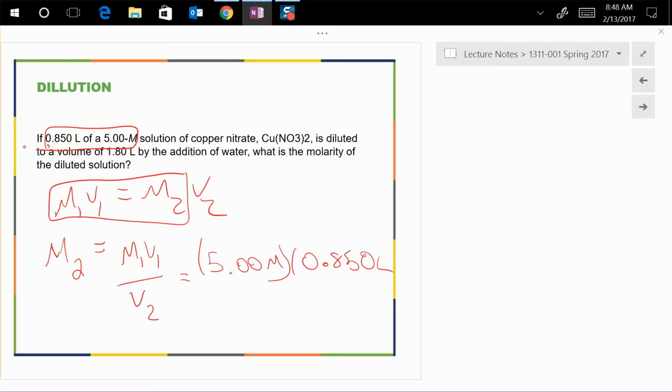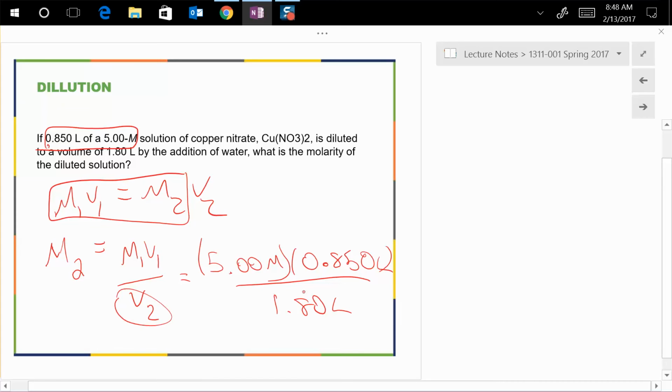You multiply those things together and you usually divide by the other thing. So this divided by 1.80 liters, which is the V2. So what is that? I got 2.36 molar. Okay? That is your new molarity. Good.